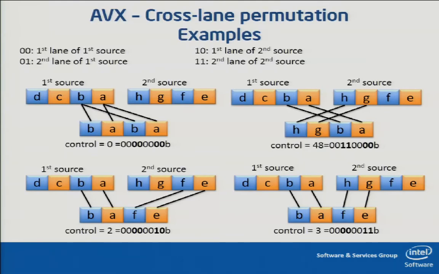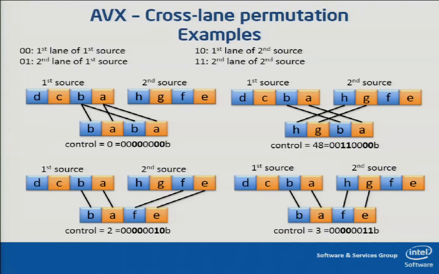It will copy the first lane into the first lane and the second lane into the second lane. It's identity, it will change nothing. Then there is the first lane into the second lane, so the first pair into the second position, and from the second source, the first position into the first position. So this is basically only the first positions.